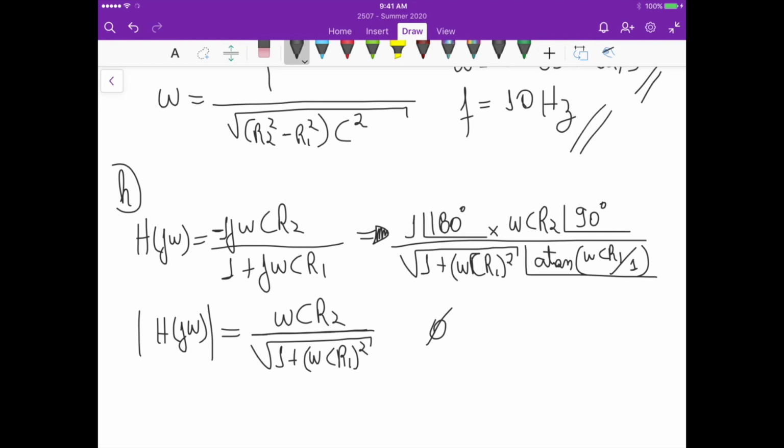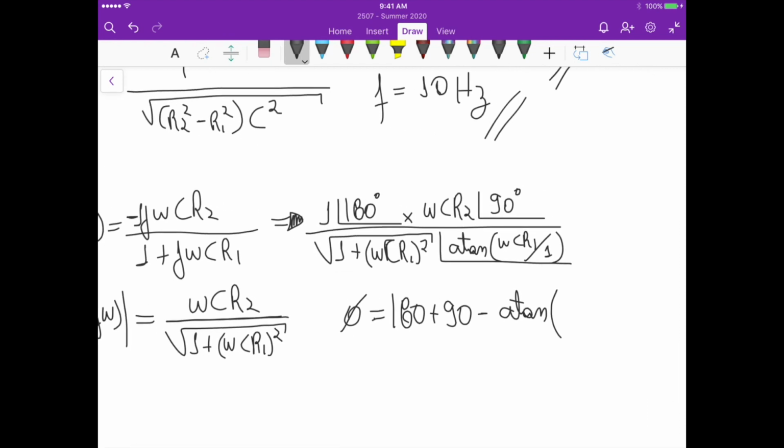So if they are multiplying, basically it means that we take 180 plus 90 minus the arctangent of omega C R1 divided by 1, just omega C R1. Okay, so this gives us a phase that is 270 degrees minus arctangent of omega C R1.